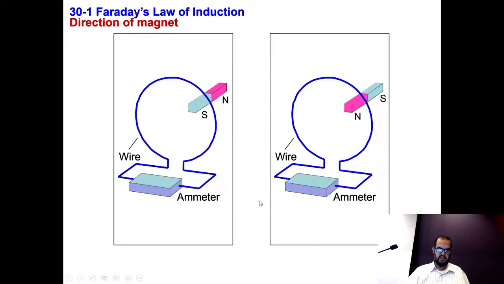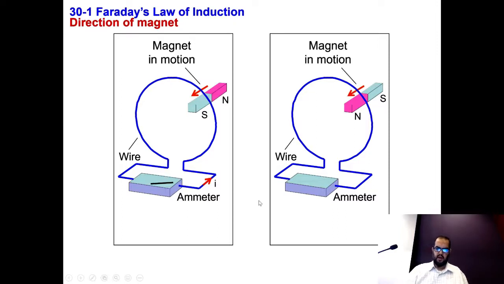This is another observation. Okay, we said that bringing the south pole will induce deflection on one side, bringing the north pole to the loop will cause the current to deflect on the other side. So all of these observations we have to try to interpret them.